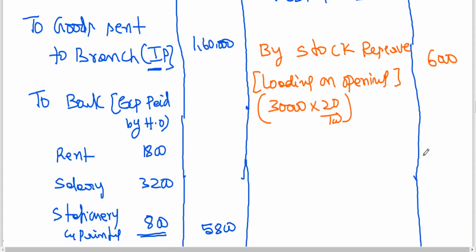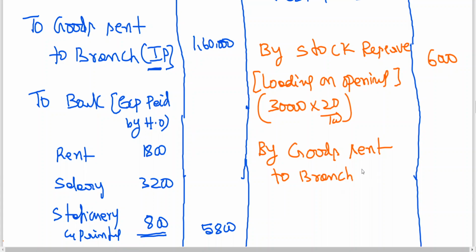Then by goods sent to branch, loading. 32,000, because that is also given at invoice price.